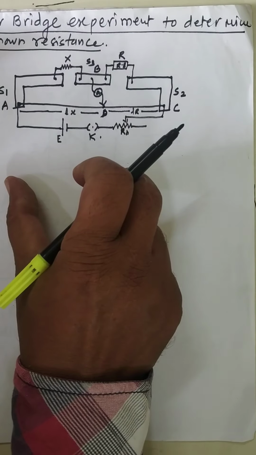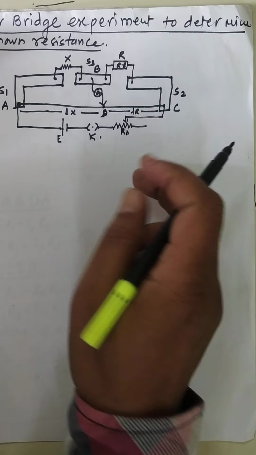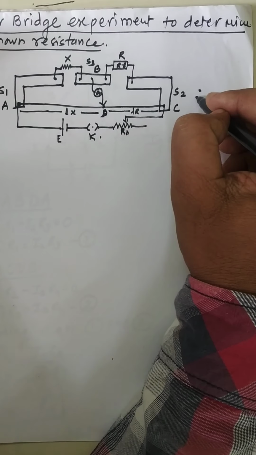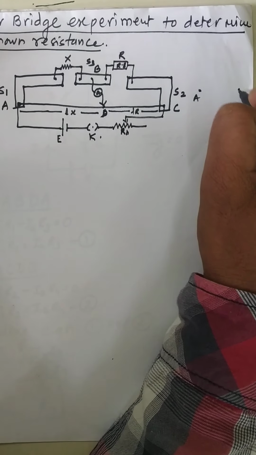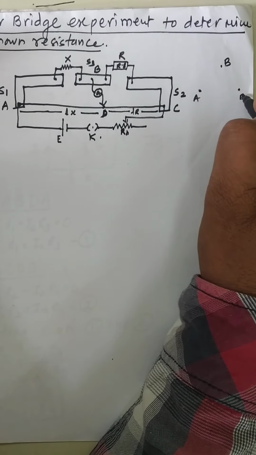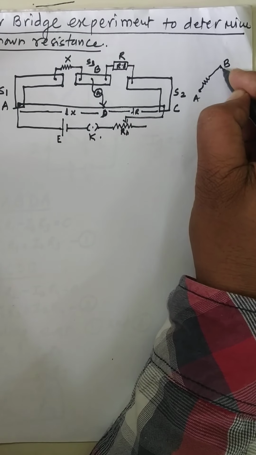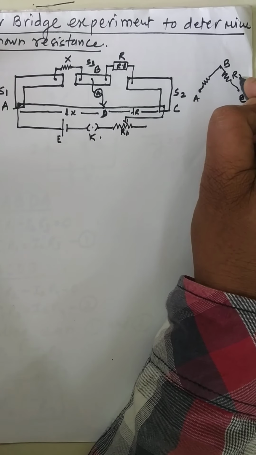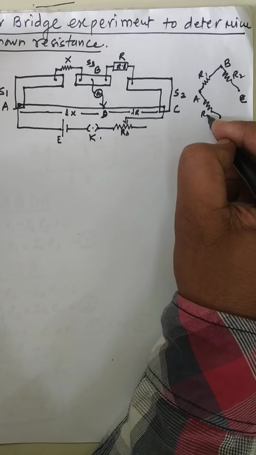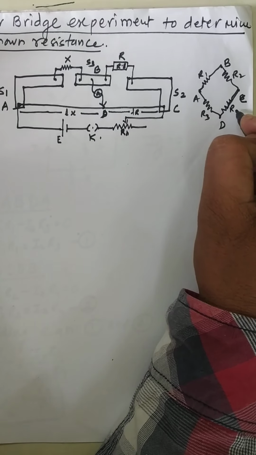Now this Wheatstone's bridge is similar to the Wheatstone's network like this. You call this as point A. Here is point B. Here is C, and here is D. Resistance R1, R2. This one is R3, and this resistance we call it as R4.